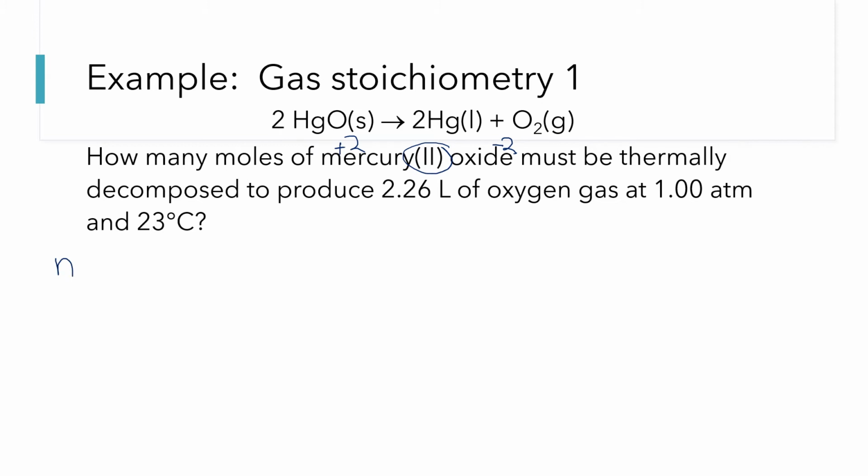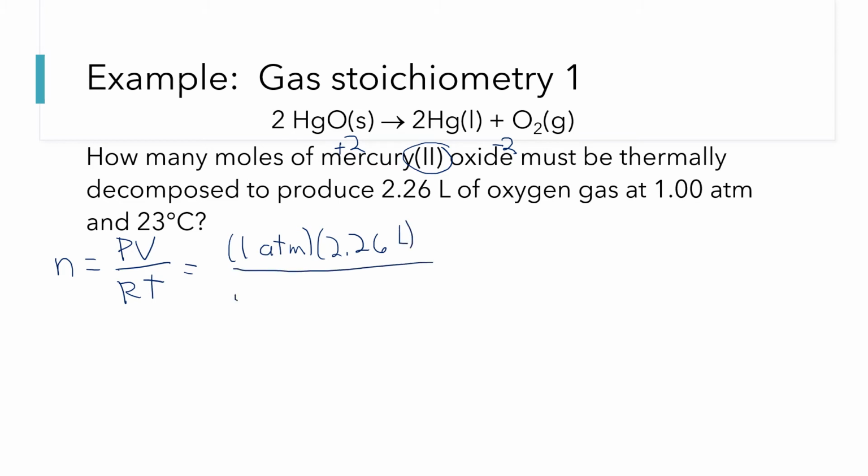From the ideal gas law, the number of moles is equal to the pressure times the volume divided by R and T. So the pressure is 1 atmosphere, the volume is 2.26 liters, R is 0.0821 liter atmospheres per mole Kelvin, and the temperature was 23 degrees C, which will be 296 Kelvin, because that always has to be in Kelvin.